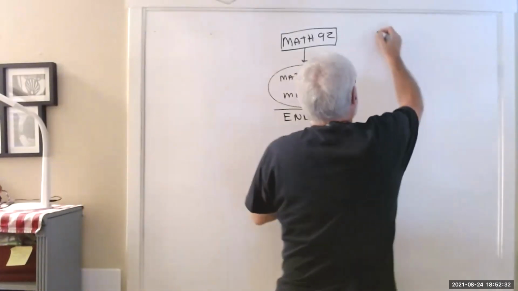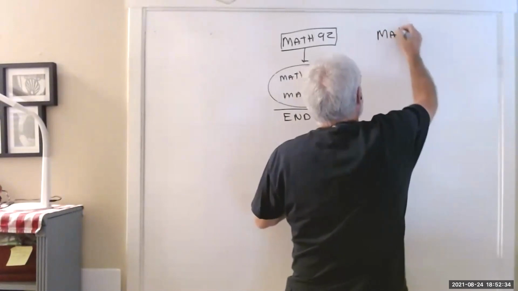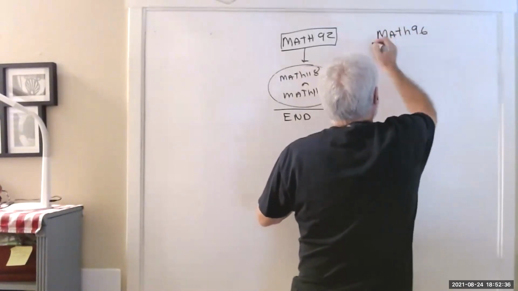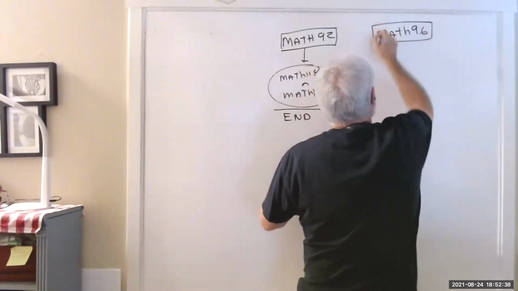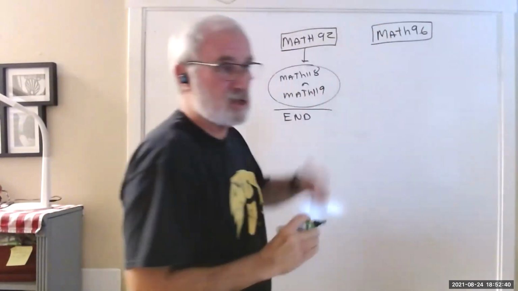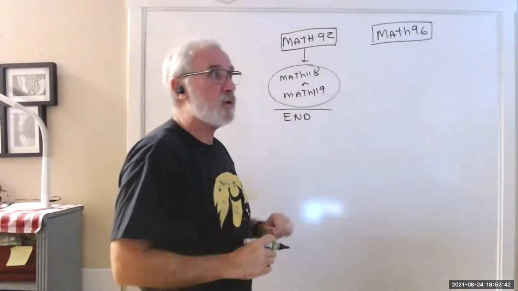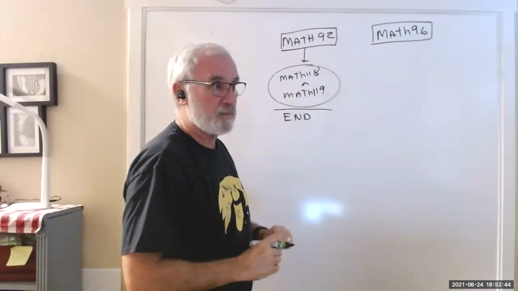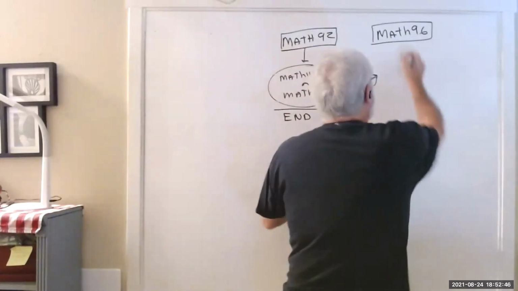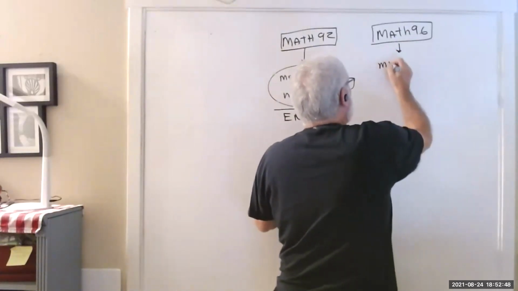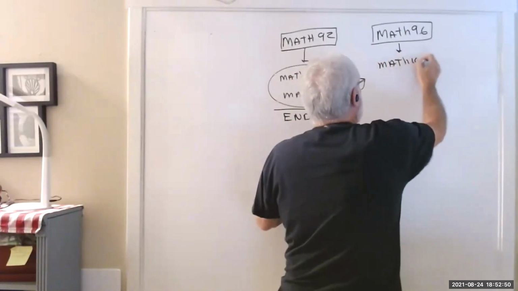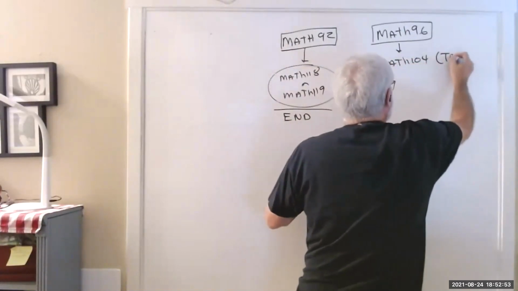If you're enrolled in Math 96, which you are, remember, 96X is 96 and some extra stuff. If you're enrolled in Math 96, then your next course is Math 104, which is trigonometry.